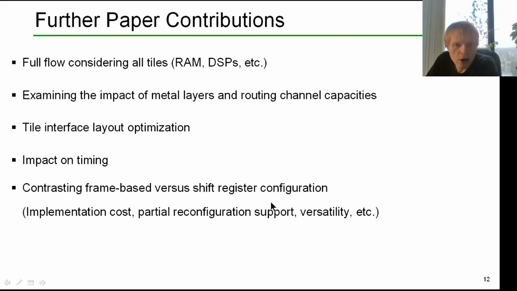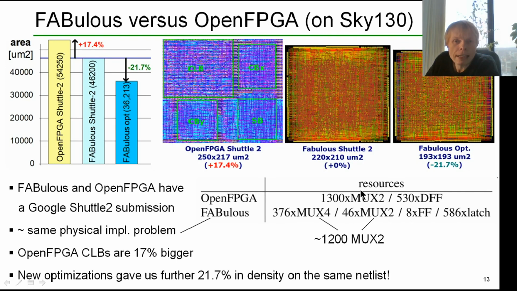Also, frame-based configuration is way more versatile, and to give you an idea, we just taped out our first memristor FPGA where all the configuration latches had been replaced by ARM cells, and that could only be done by using frame-based configuration. Okay, last slide.